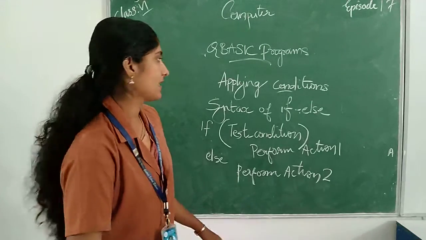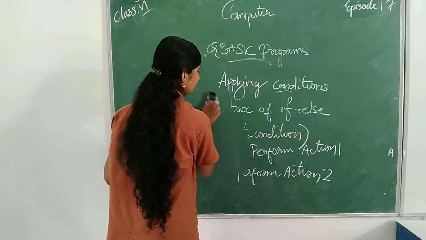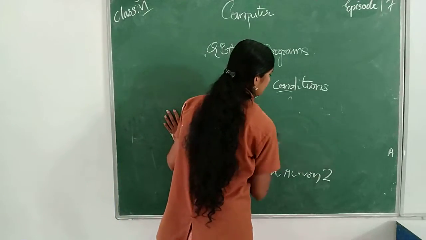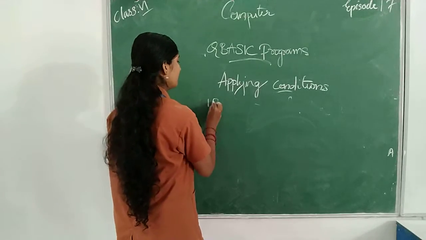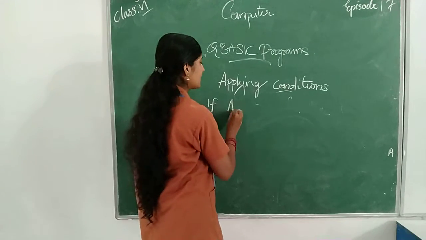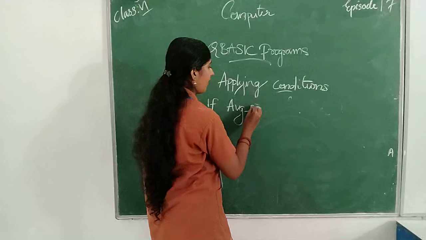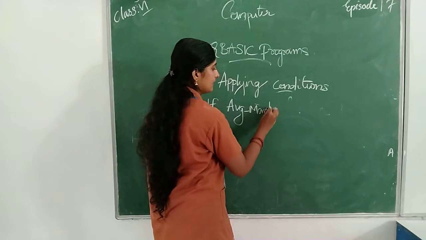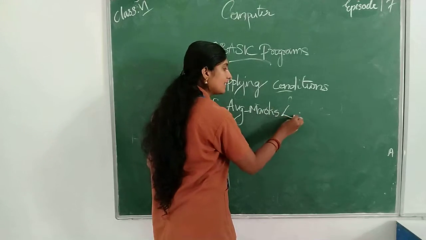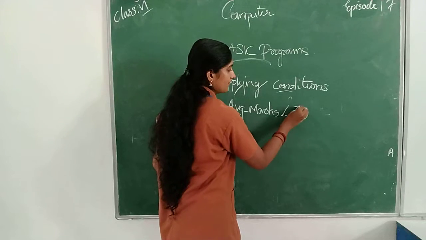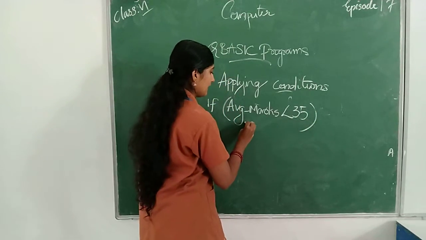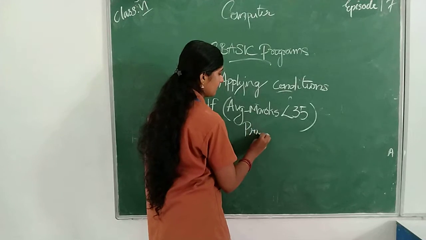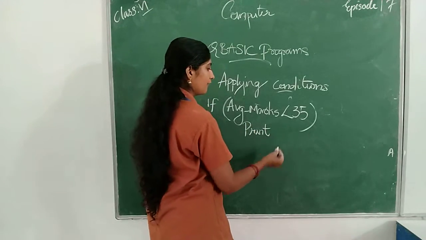So let me take an example. So here, if average mark less than 35, then print fail.